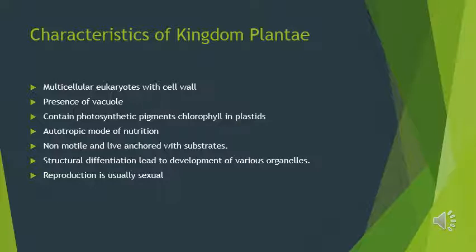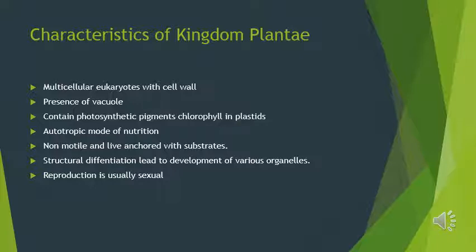Okay, plastid is an organelle that gives color to the plant. प्लास्टिड में डिफरेंट टाइप्स हैं, जिसमें क्लोरोफिल मेन है जो कि एक फोटोसिंथेटिक पिगमेंट है जो फोटोसिंथेसिस में हेल्प करता है. The mode of nutrition is autotrophic, means they prepare their own food by the process of photosynthesis.